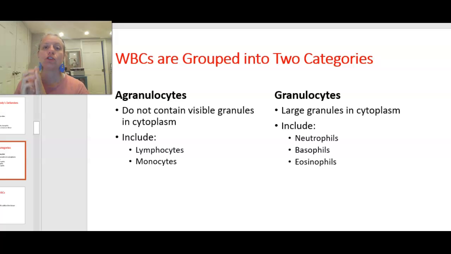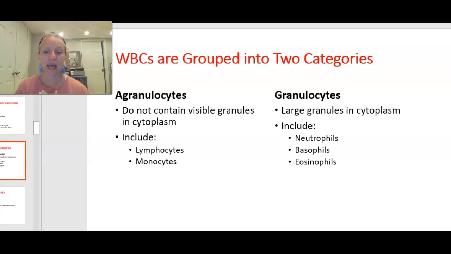Okay, granulocytes do have granules, and those are going to be little sacs of chemicals in the cytoplasm of these cells. And they are, like I said, visible when you look at the cell under a microscope. So 2 cells are agranulocytes and 3 cells are granulocytes.